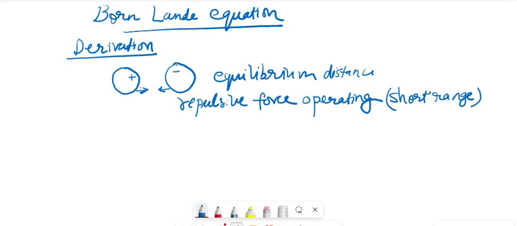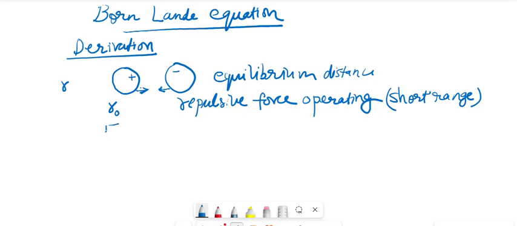So they come closer up to a certain distance that we indicate by R naught. Whatever is the distance between these two ions, we say that this is R. And at the distance of closest approach, this separation between the two ions is represented by R naught.